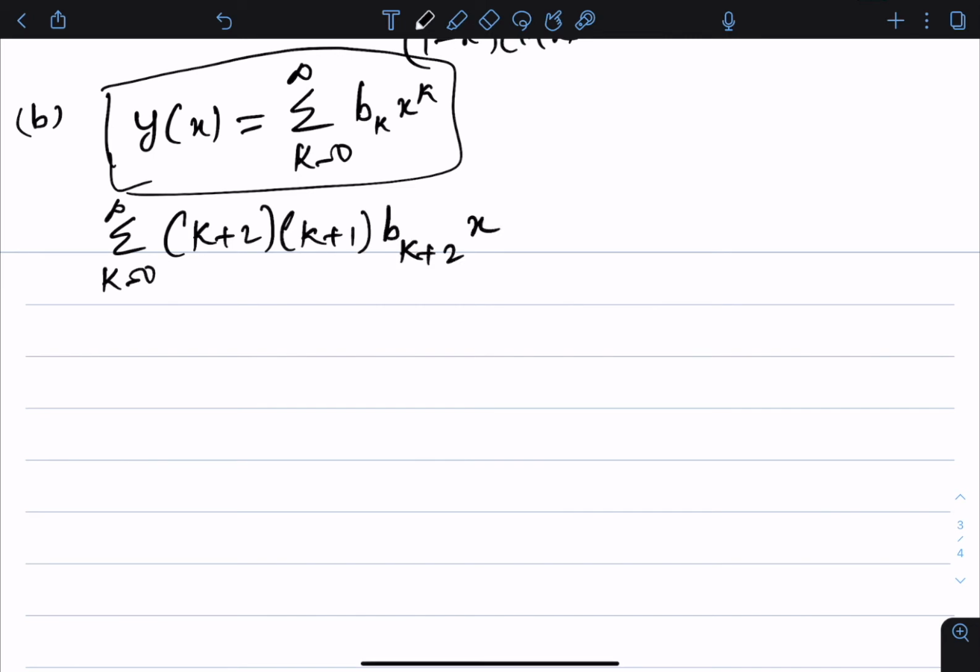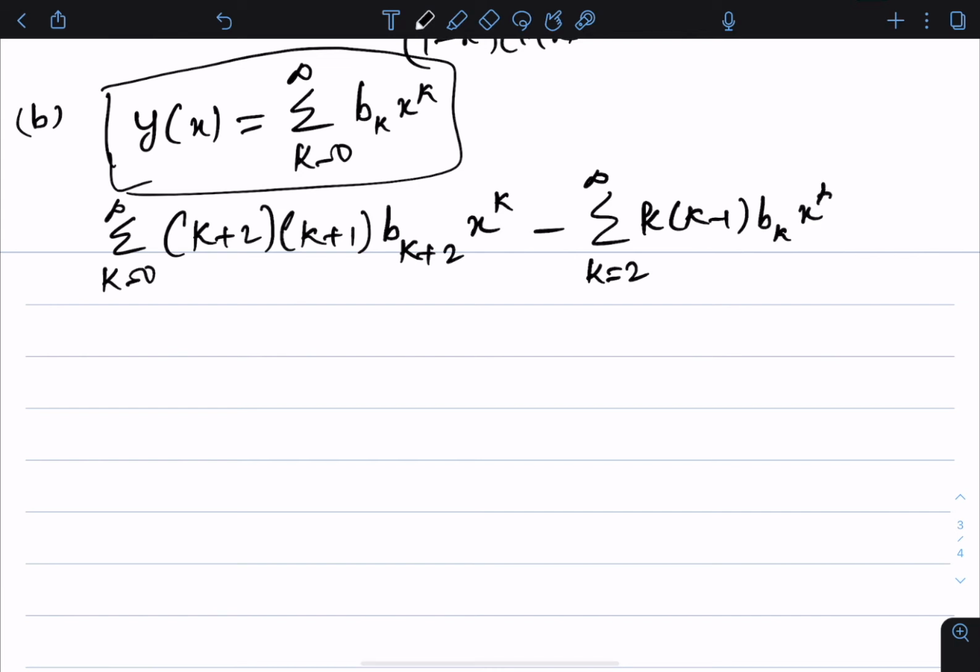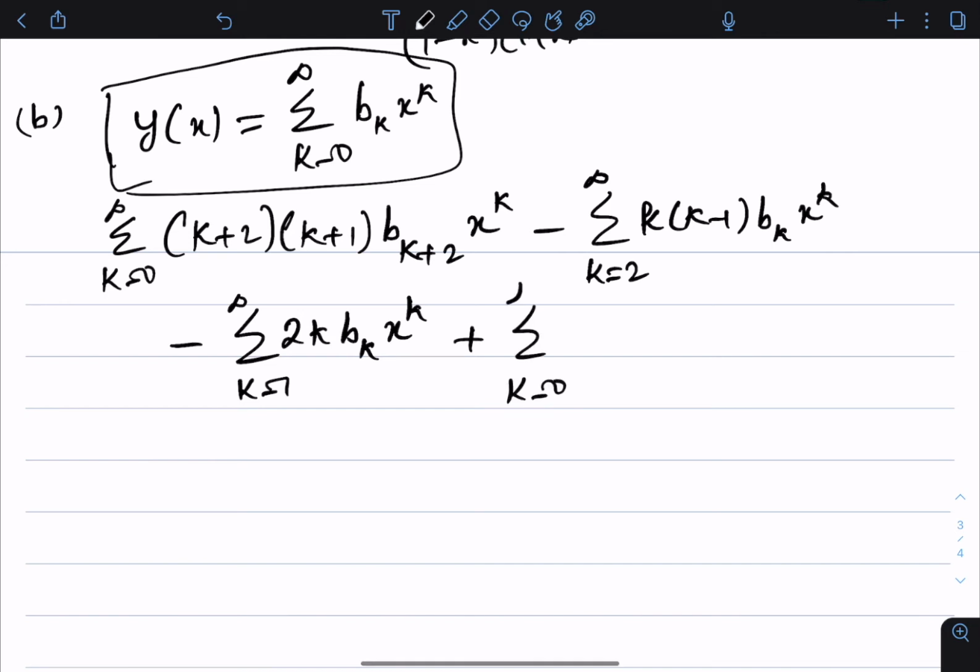bk plus 2, x power k, minus summation k equal to 2 to infinity k minus 1 bk x power k, minus summation k equal to 1 to infinity 2k bk x power k, plus summation k equal to 0 p into p plus 1 bk x power k, and that's equal to 0.